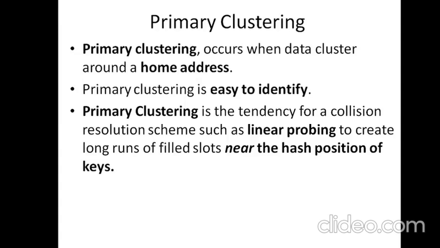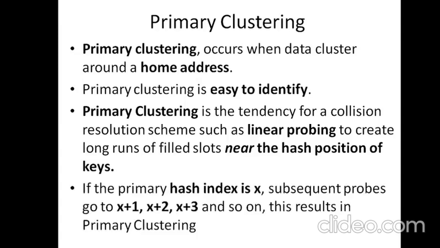We will see an example, so you will understand easily. For example, let us assume that for some key the hash function generates x as the index. Then subsequent probes go to x plus 1, x plus 2, x plus 3 and so on. This results in primary clustering.